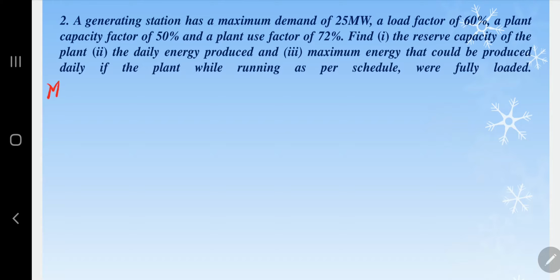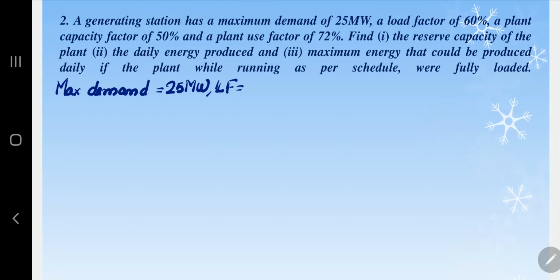The first one is the maximum demand, which is equal to 25 megawatt. Now the load factor, I'll represent it as LF.